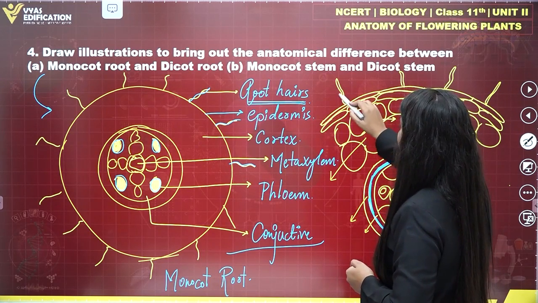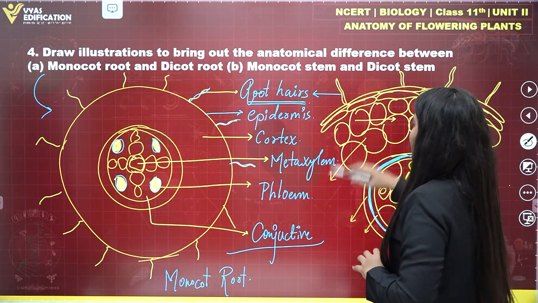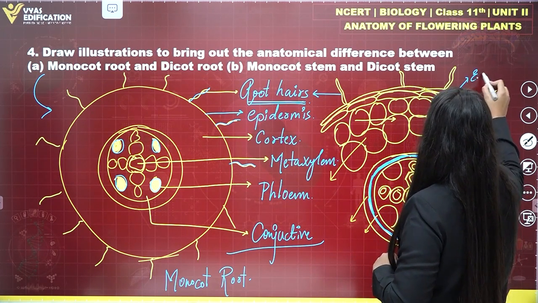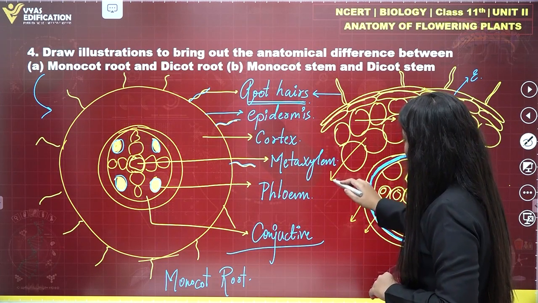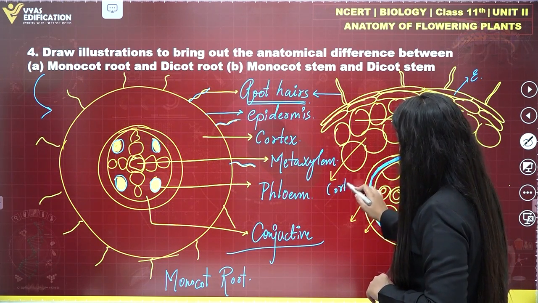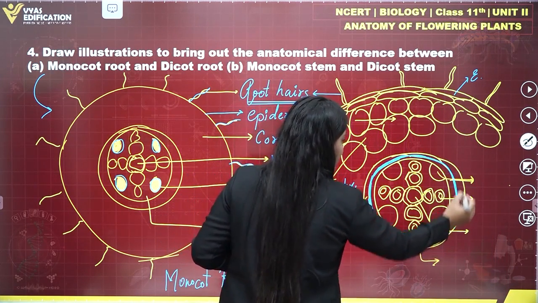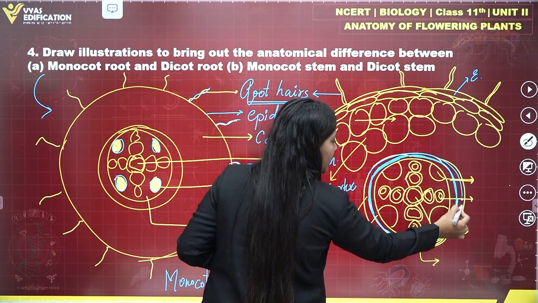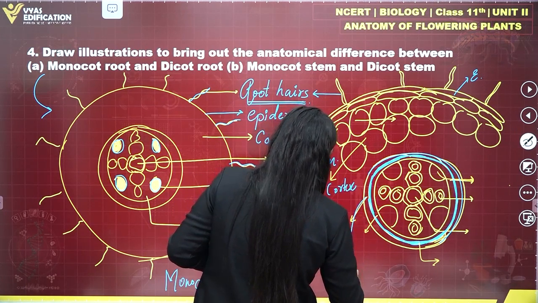So also these are root hairs, same as the monocot root. Then this is your epidermis. Then you have of course the cortex layer here. Then you will see this layer is endodermis.